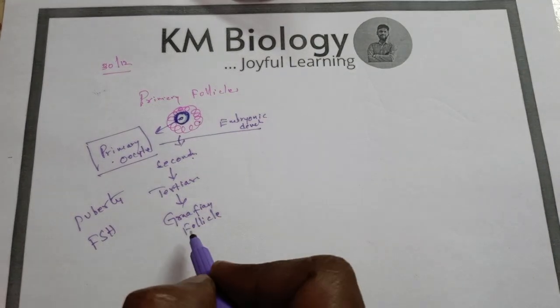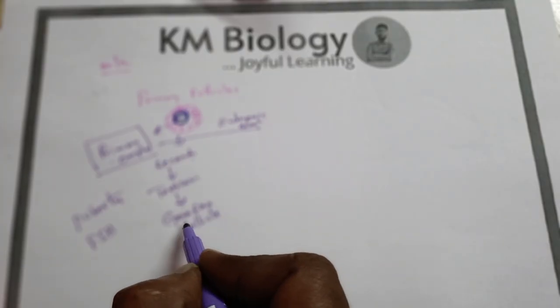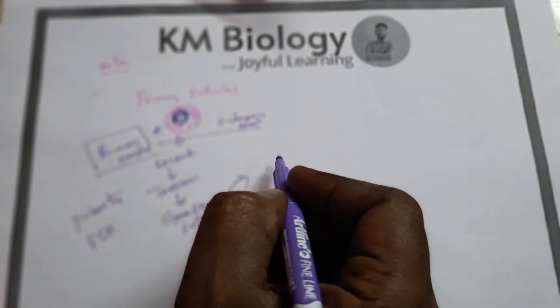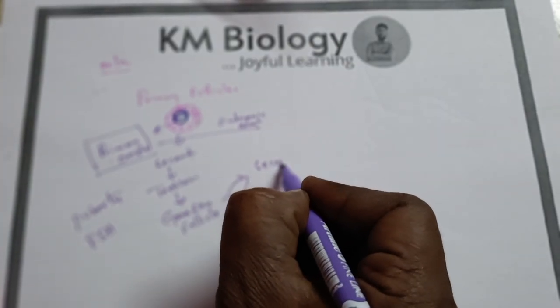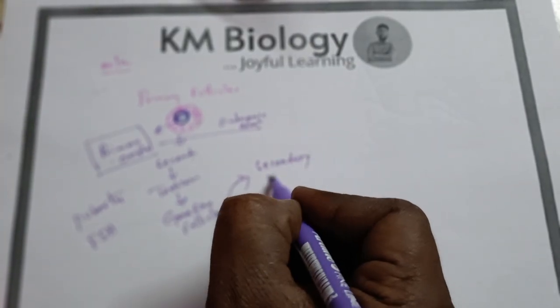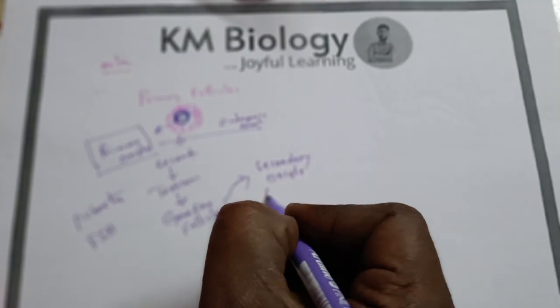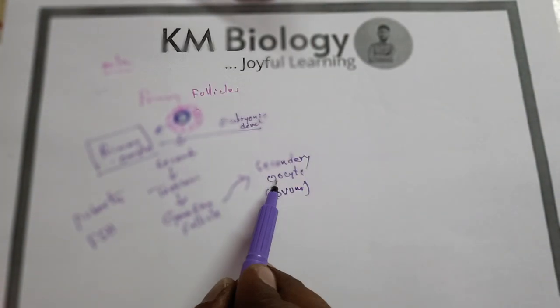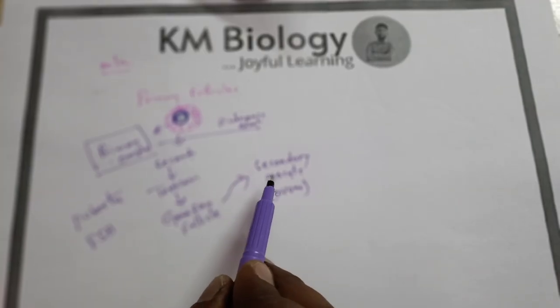Then luteinizing hormone helps to break this Graafian follicle. Then the secondary oocyte is released, which generally we call as ovum. It is not a functional ovum, it is a resultant cell of meiosis 1.